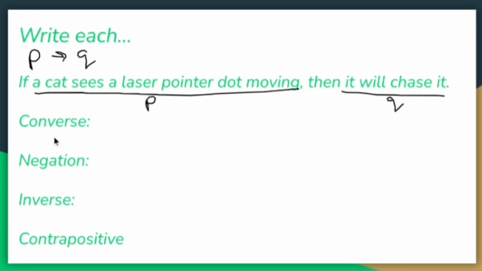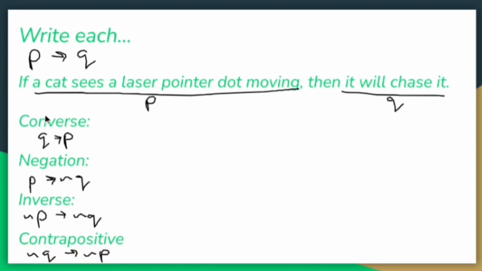A converse says, let's just switch Q and P: if Q, then P. We'll write that out in a little bit. Negation has you do P, then not Q. The inverse has you take the original but put nots in front of both of them. And the contrapositive is you flip everything and make everything negative. So not Q implies not P.